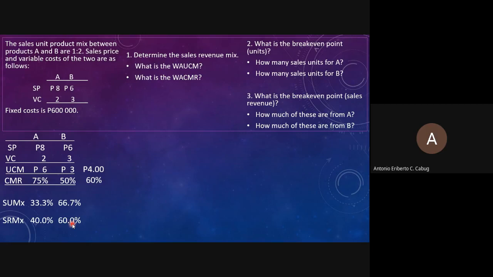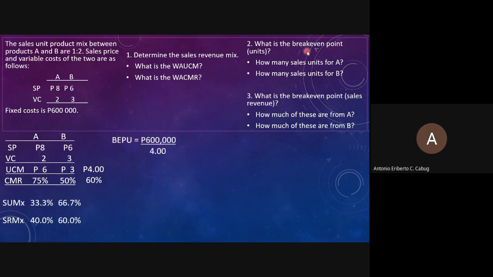Ano yung kunin? CMR, 0.75 times 0.4 plus 0.5 times 0.6. That's 30% plus 30%. You will have 60%. Okay. Next.